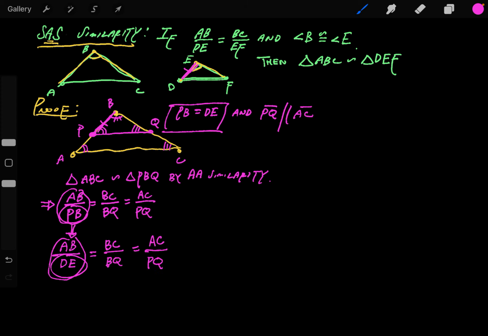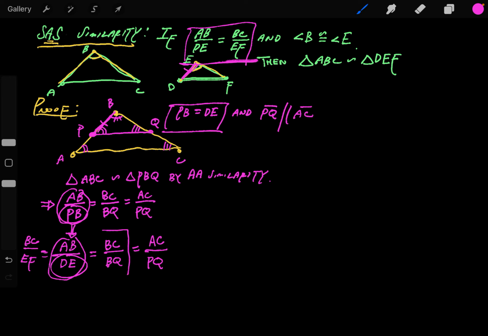And we should also see that in the given, I have that AB over DE is equal to BC over EF. So with that fact, if you write it on the other side, I have that it's BC over EF. And now everything is equal.